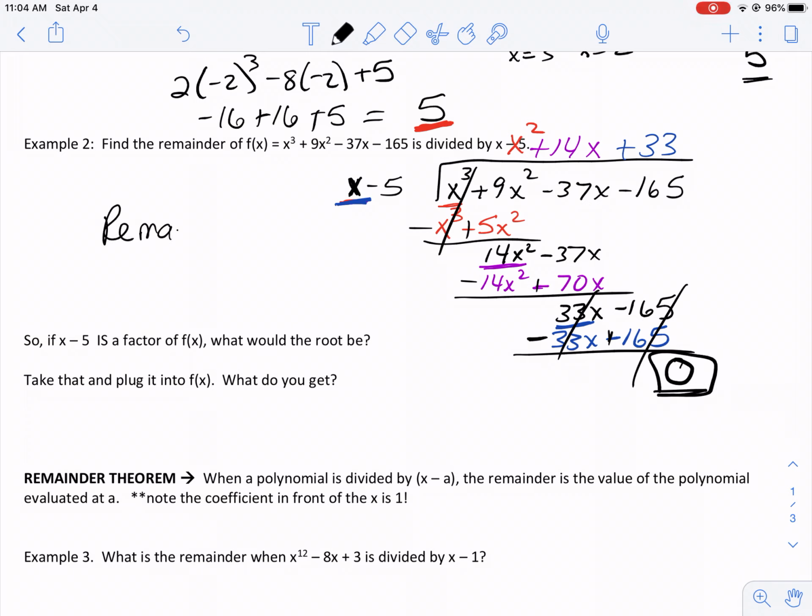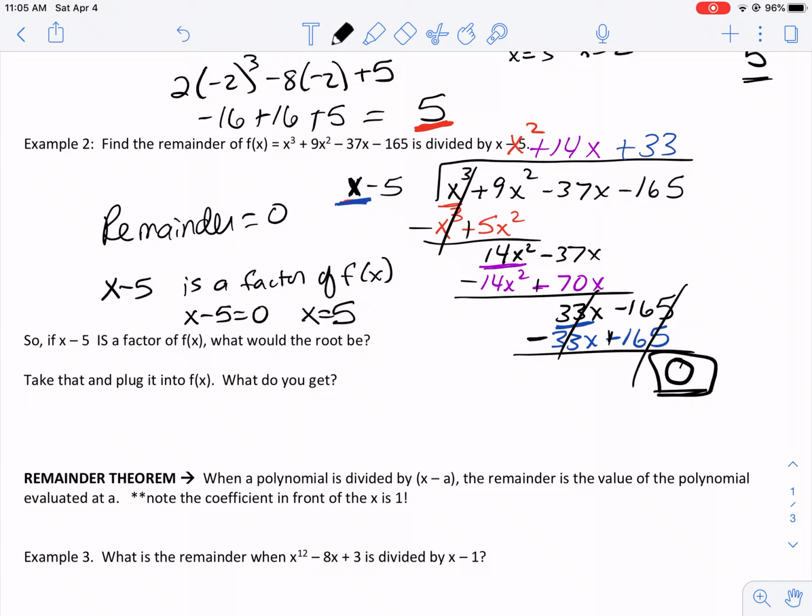So the remainder equals 0. So that means x minus 5 is a factor of f of x, which means if you take that x minus 5 and set it equal to 0 and solve, you get x equals 5, which would be the root.